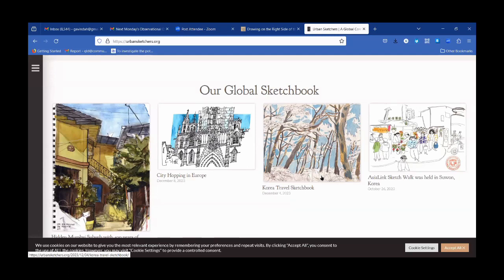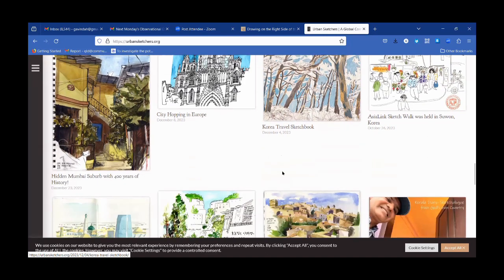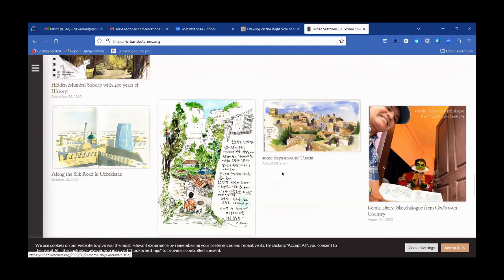Some of the people are really accomplished architects and artists, but there are a lot of others too. I've been involved in urban sketch groups before, just going out and drawing. It's a really great way to hone your observational skills. There are some great, very accomplished examples there. I guess if you're going to put stuff up on your website, you put up the very best.